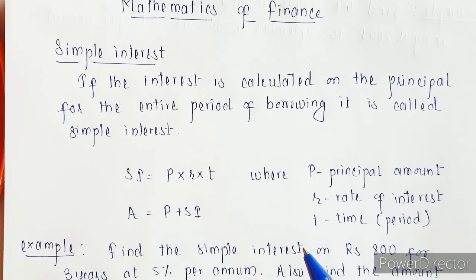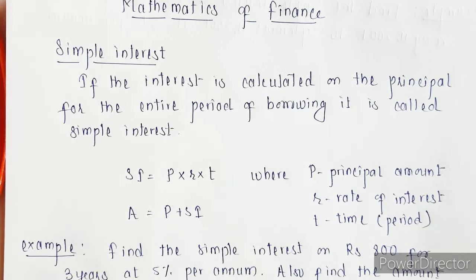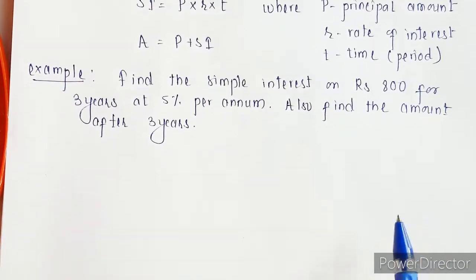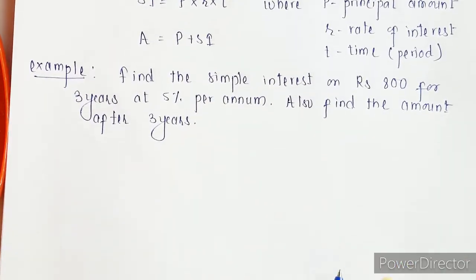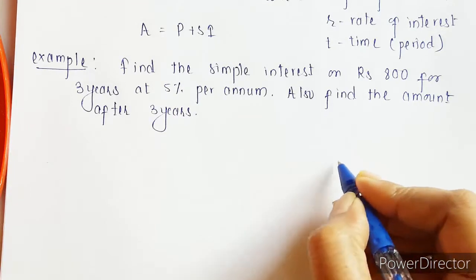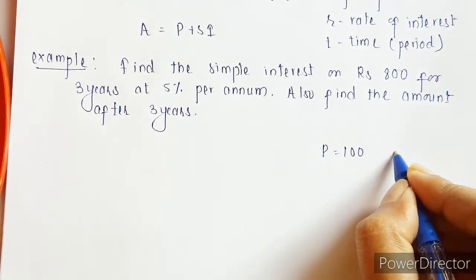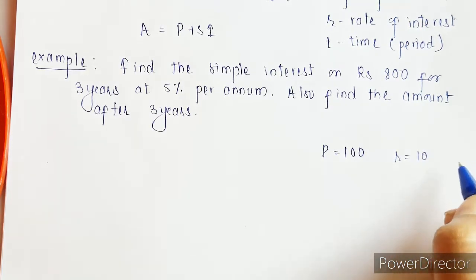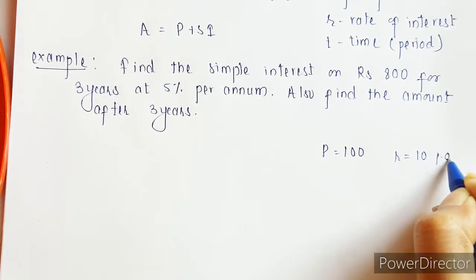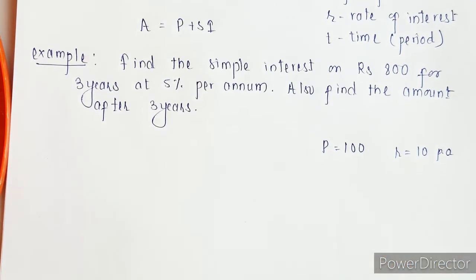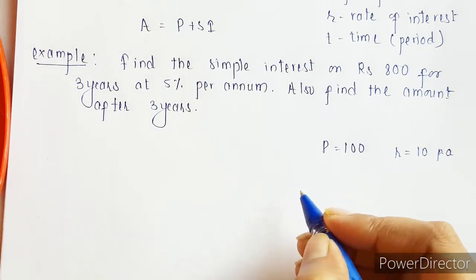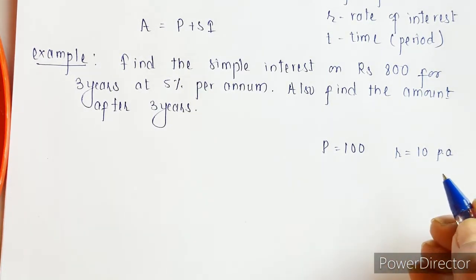Now the difference between simple interest and compound interest. Suppose we are investing 100 rupees. Let me take the principal amount to be 100 at the rate of interest 10% per annum. Suppose we are investing this for 1 year.